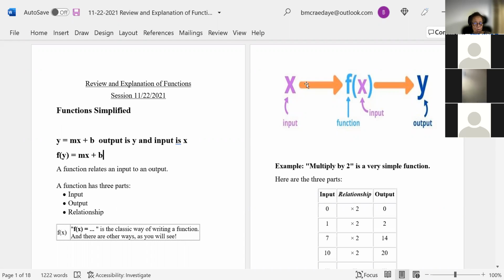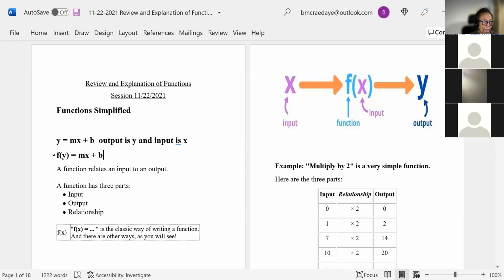And over here, you see it in a nice little colorful diagram. Input x, function f of x, and y is the output. That's using the x and y, which we normally use when we use our graphs. We have the x coordinate and the y coordinate. So the classic way of writing a function is f of x, because notice when you say f of x, you're saying x is the input.